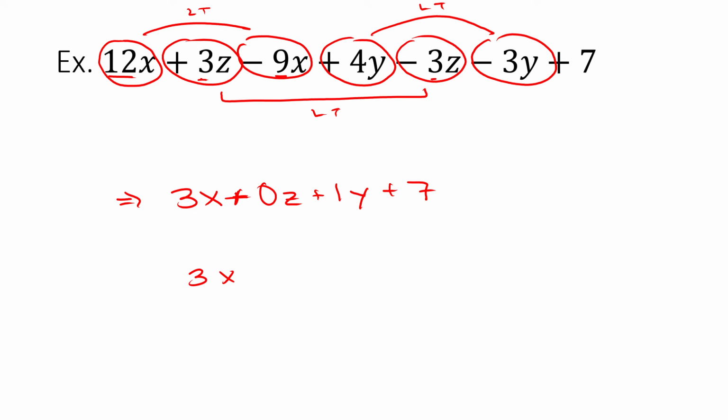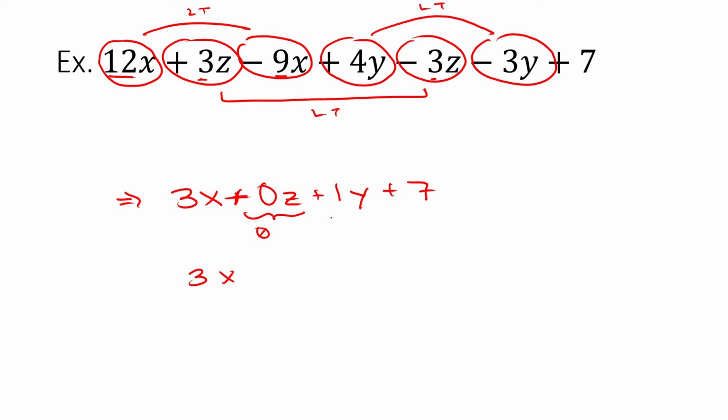You're multiplying 0 and z together. And do you guys know what happens when you multiply anything with 0? You get 0. So 0 times z gives you 0, so you don't need to put 0z. This gives you 0, so you don't need to put plus 0.